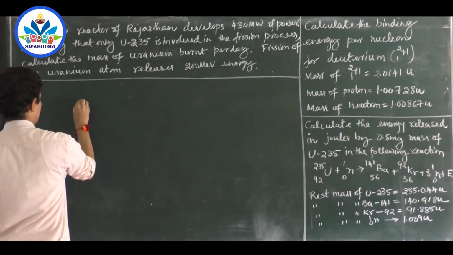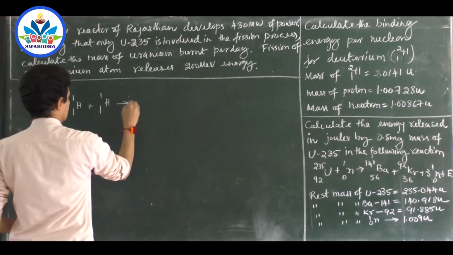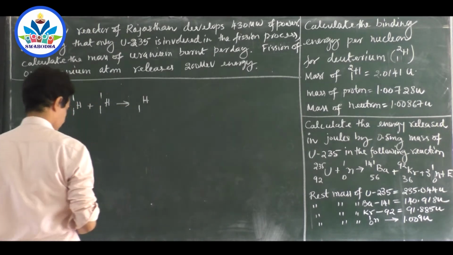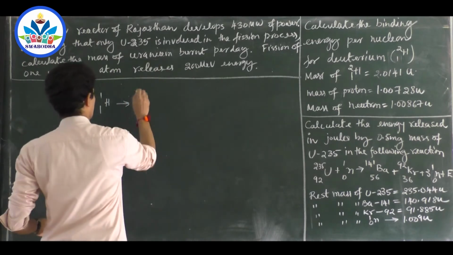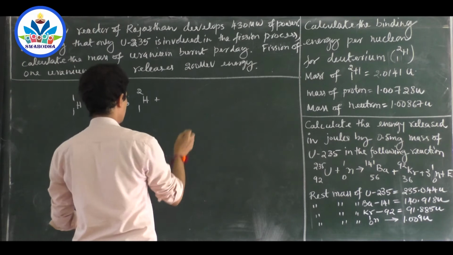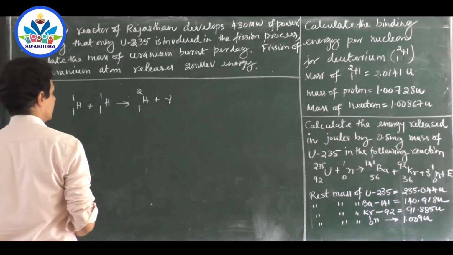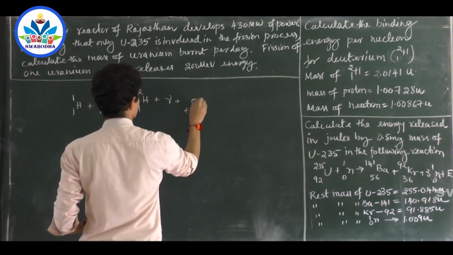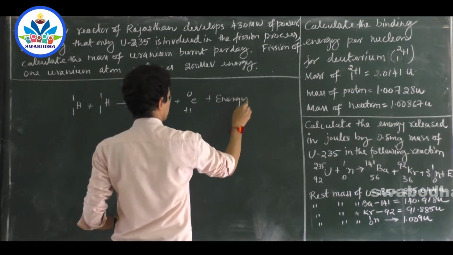So 1H1 plus 1H1 gives 1H2 plus a positron and a neutrino. We know this fusion process, right?